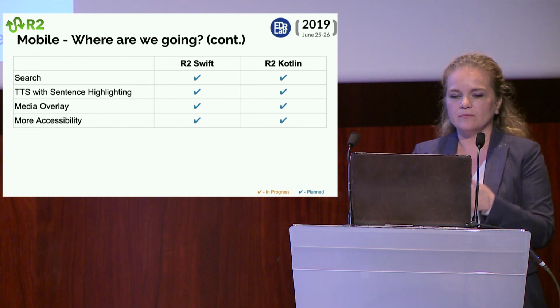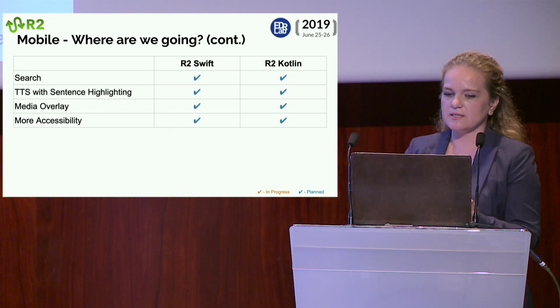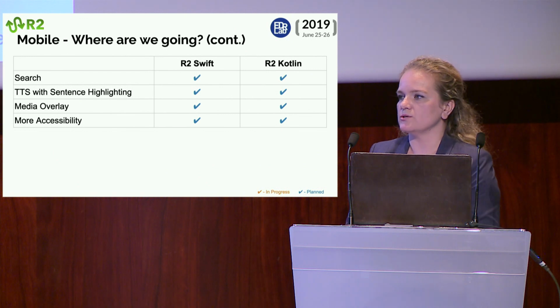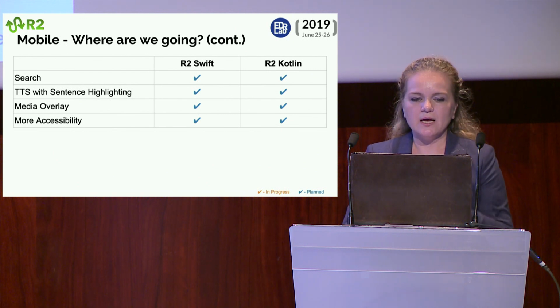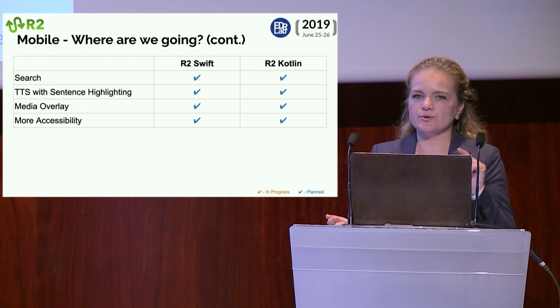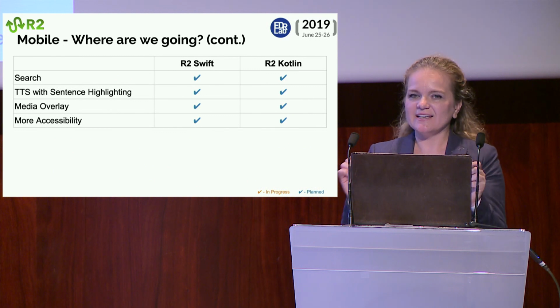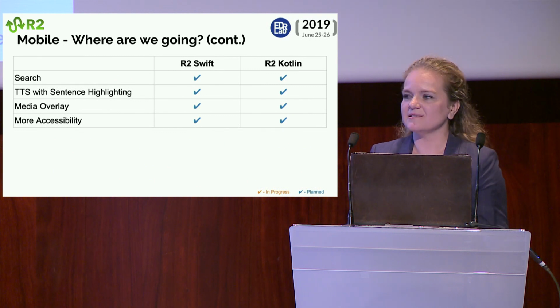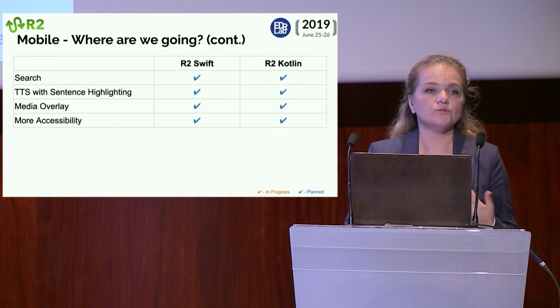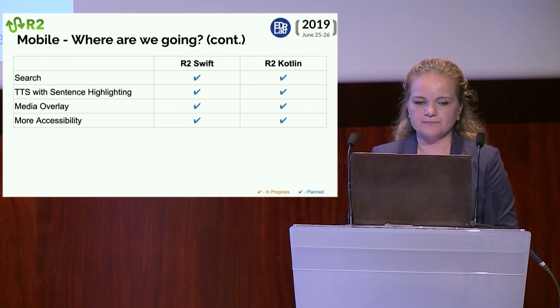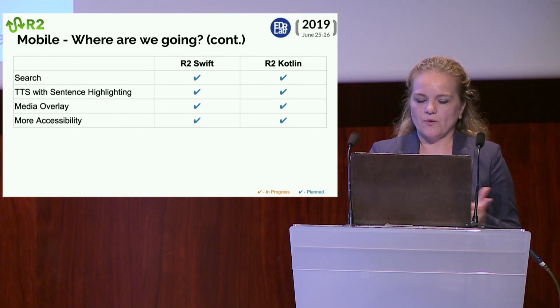To fully complete TTS, we will obviously also need to complete the sentence highlighting. But since highlighting, search, and annotations kind of go together, once we have highlighting in general, search and sentence highlighting with TTS is going to be much easier to implement. Okay.